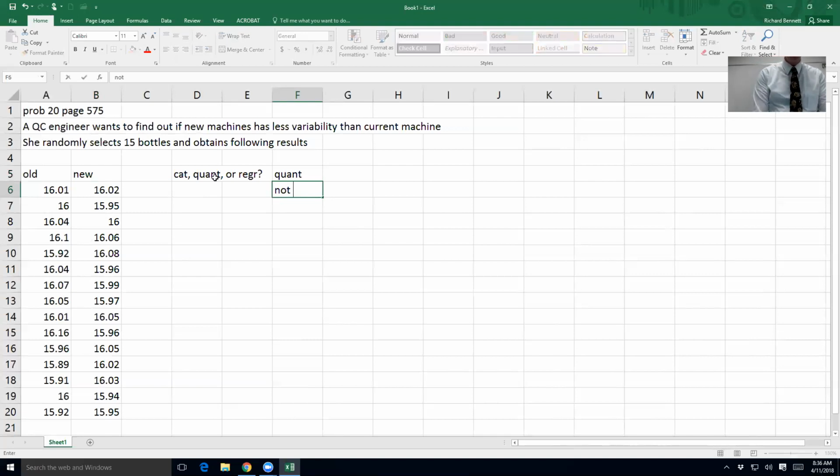How big should it be? Should be greater than or equal to 30. Well, it's only 15, right? Got two sets of 15, so it's too small. So if we have an issue like that, we will say, this is not big enough, but we're going to assume that it is, and keep going with it anyway. But you should note that it's not big enough.